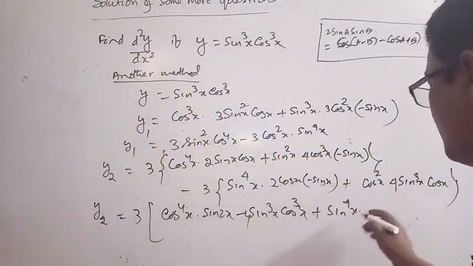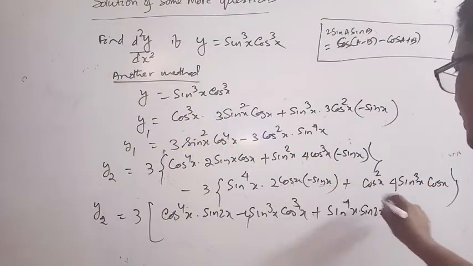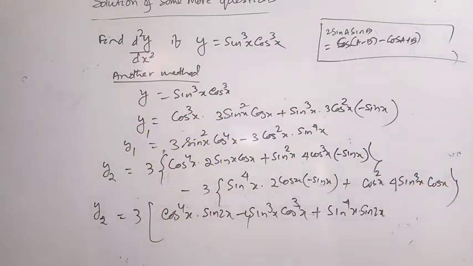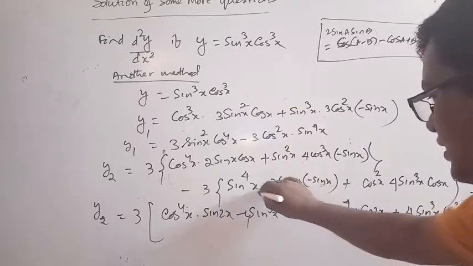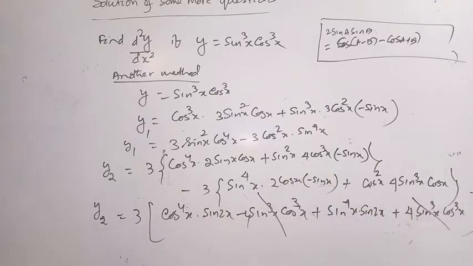Okay, so sin 2x and minus, this is equal to plus what? 4 sin 3x into cos 3x. What is common? Cancel this and this, and this is sin 4x cos 2x and cos 4x sin 2x.